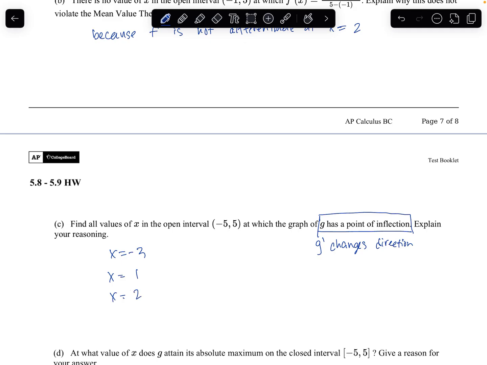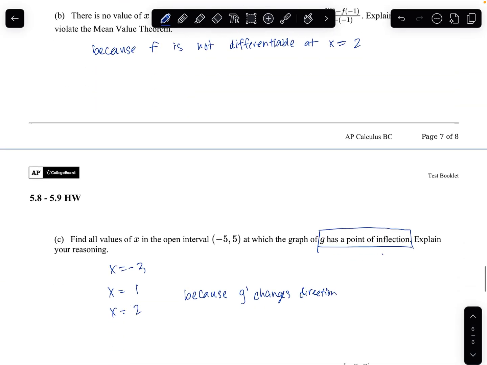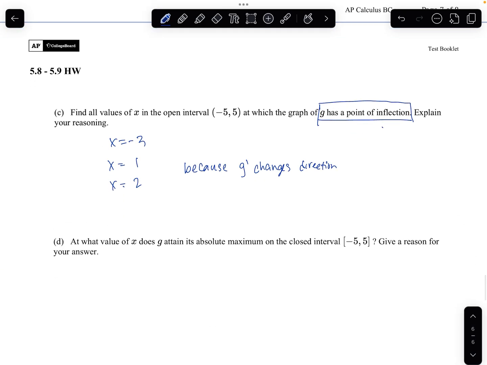So find all values and explain why. I'll say this right here, because g prime changes directions. That's why. I think that's all I really need to say. I don't feel like I need to specify changes from increasing to decreasing or anything like that. Just changes directions.